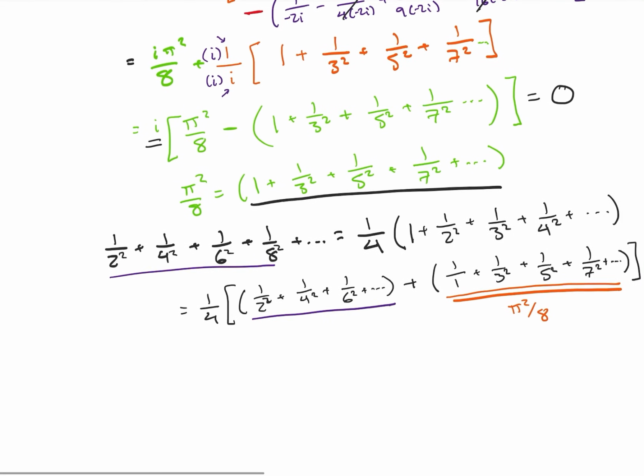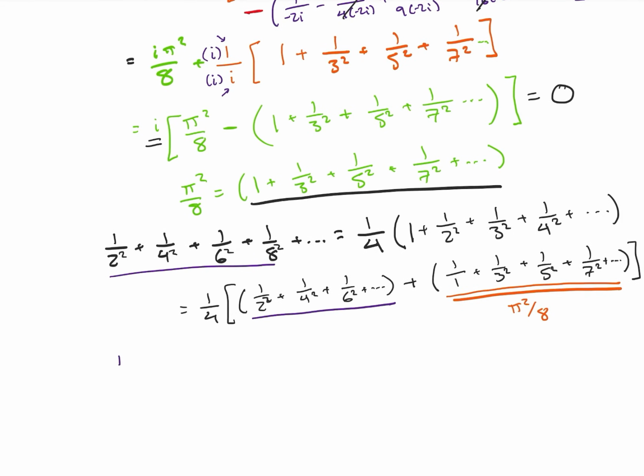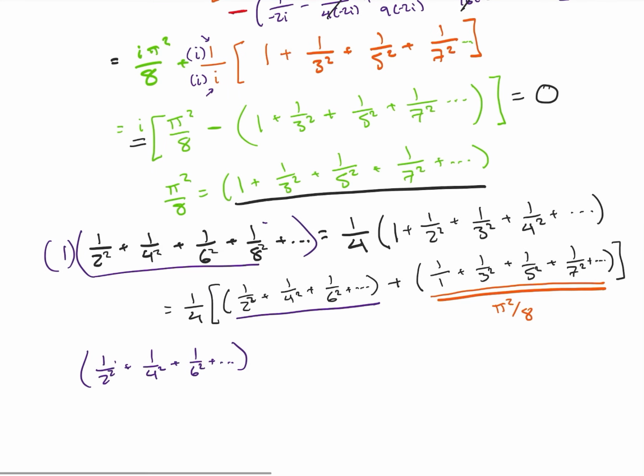So what that tells me is that now I have 1 over 2 squared plus 1 over 4 squared plus 1 over 6 squared, and so on, times 1 minus 1/4, so times 3/4, is going to be equal to pi squared divided by 8.